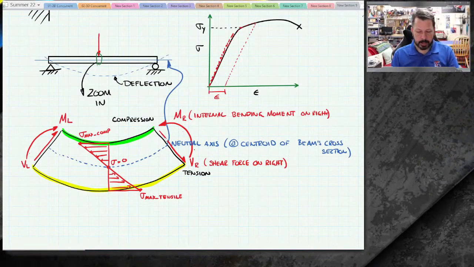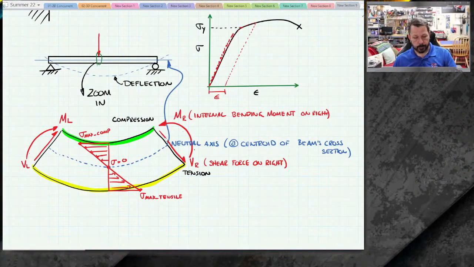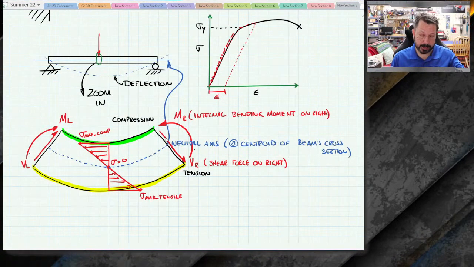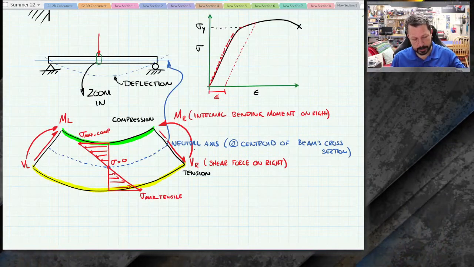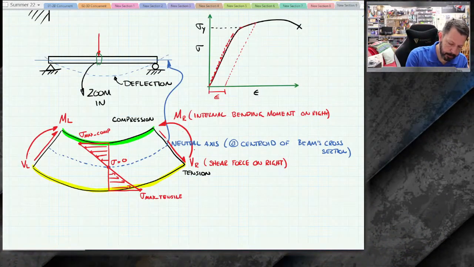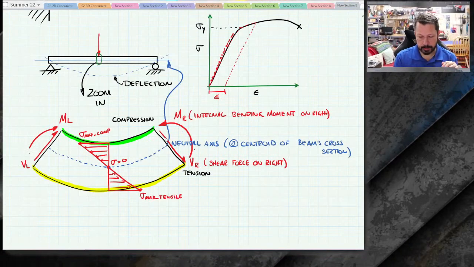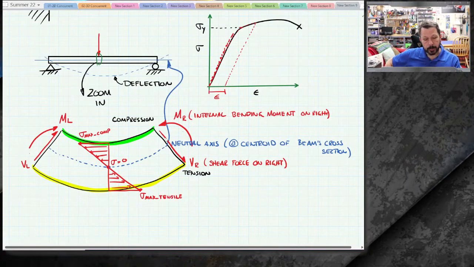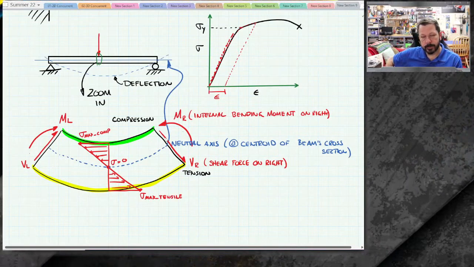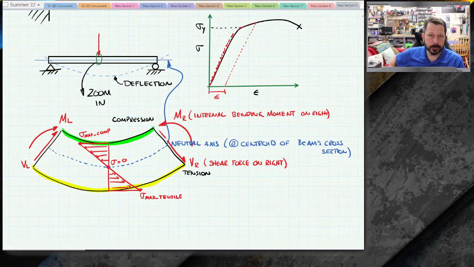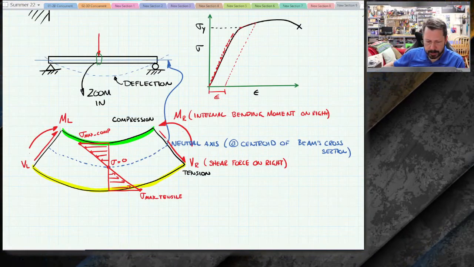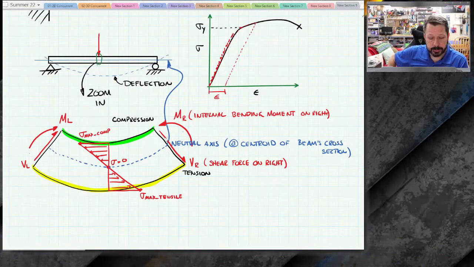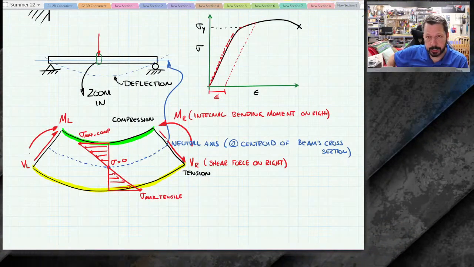ML. These directions that I drew, with the moment on the right hand side being counterclockwise, moment on the left hand side being clockwise, shear force on the left being up, and shear force on the right being down. Those conventions are one of the few things where it does matter which way you draw the arrows, because we're going to draw pictures of these shear force and bending moment anywhere in the beam.